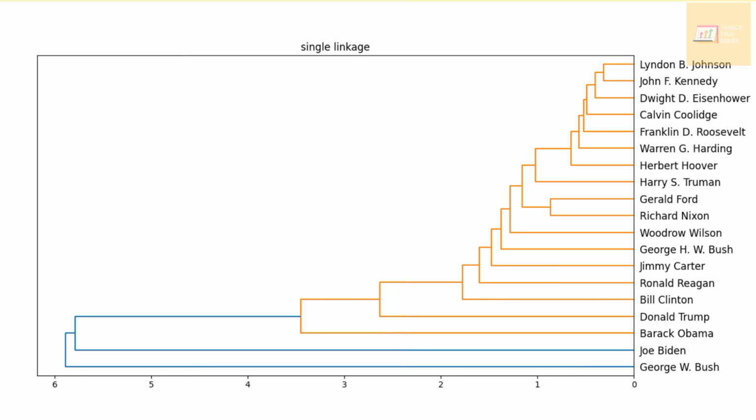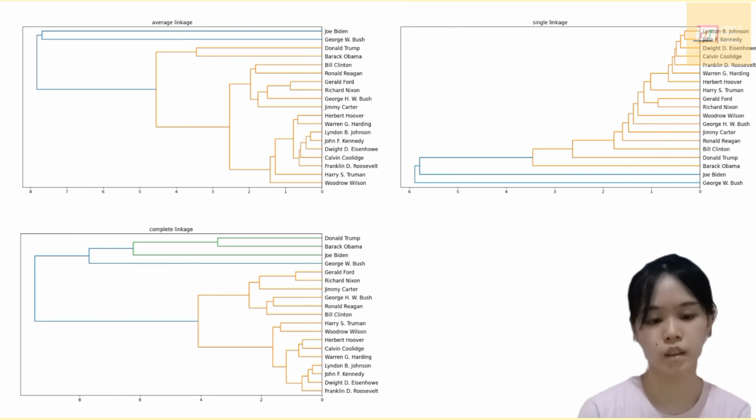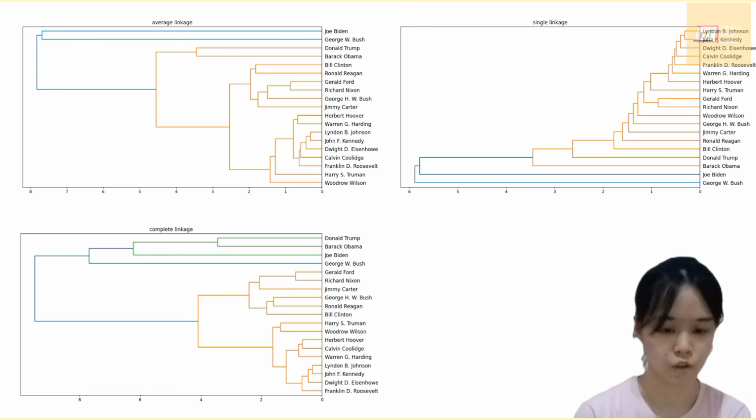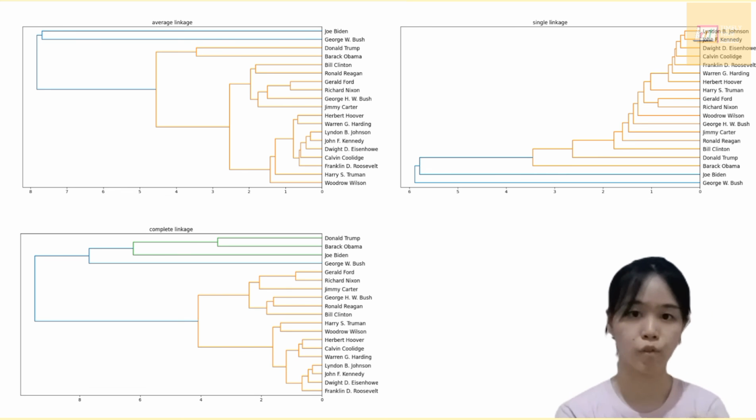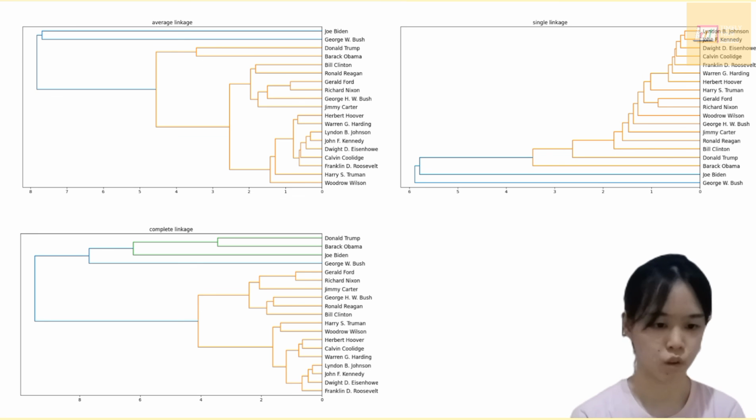Except perhaps for Gerald Ford and Richard Nixon here, they formed a cluster first before being added to the bigger cluster of Harry S. Truman and above. However, in complete linkage and average linkage, small clusters are formed first, then they join together.